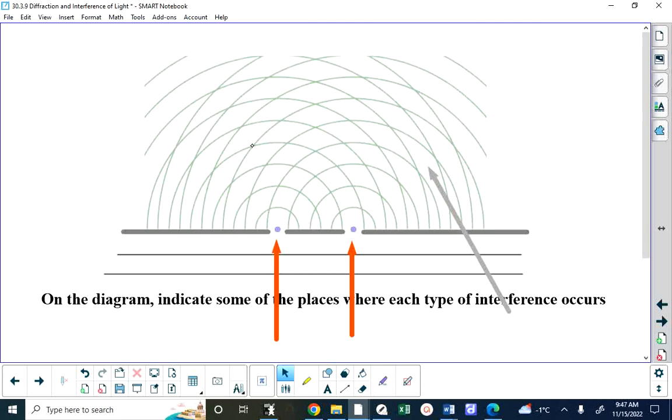So they work for water waves. They work for sound waves, which are not electromagnetic. Some people want to put sound on the electromagnetic spectrum. They work for jello waves. They work for any kind of waves at all. Yeah. Other questions?